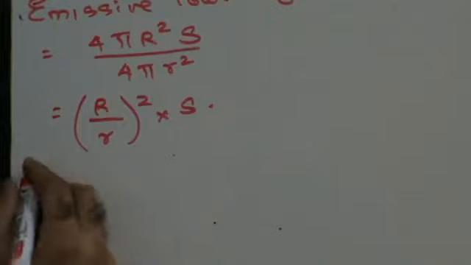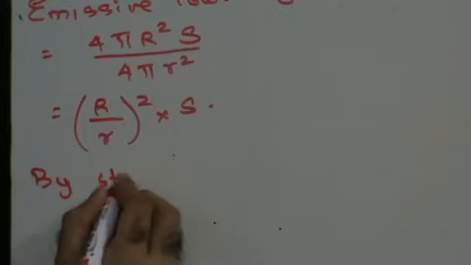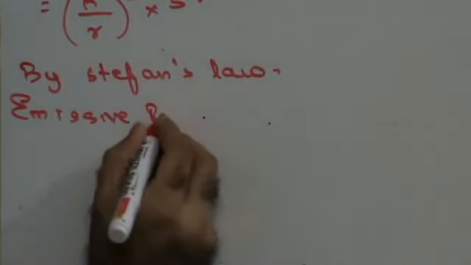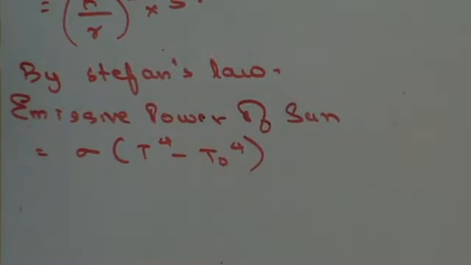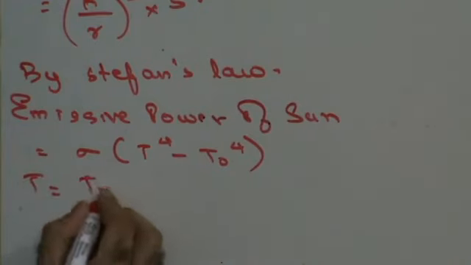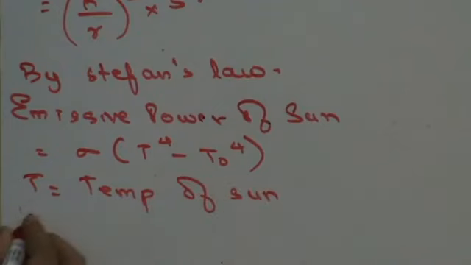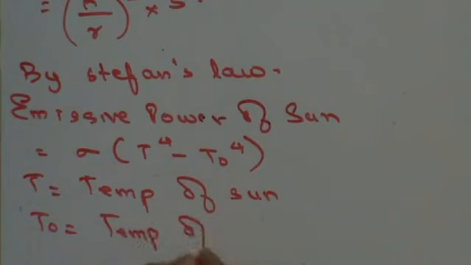Now I can also apply Stefan's law here. By Stefan's law, the emissive power of the sun is equal to sigma into T to the 4 minus T0 to the 4, where T is the temperature of the Sun and T0 is the temperature of Earth.